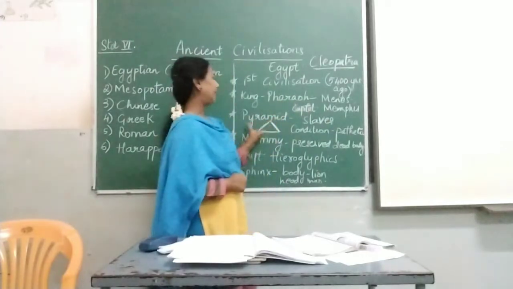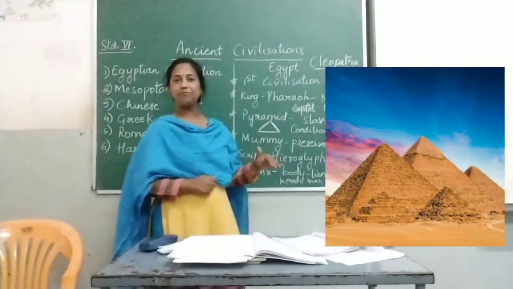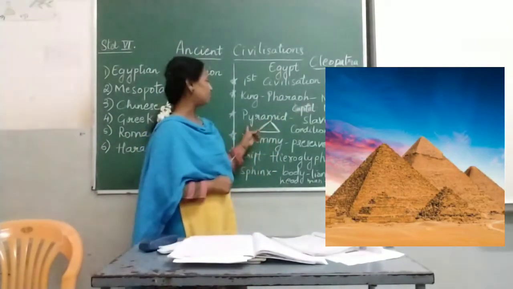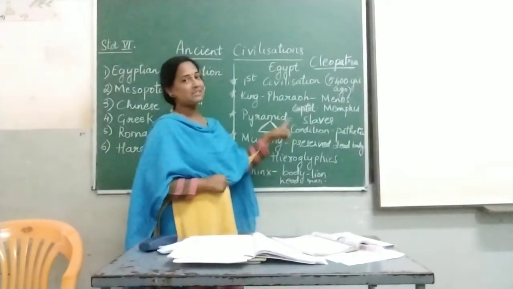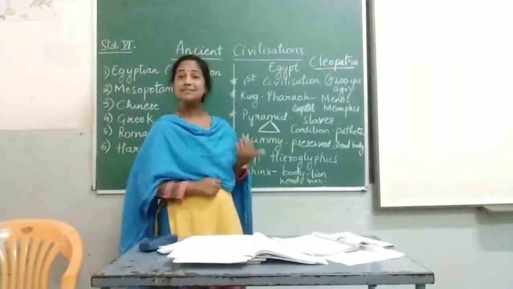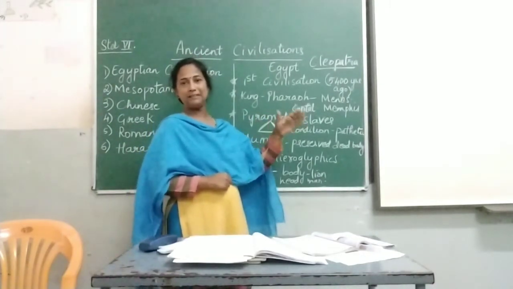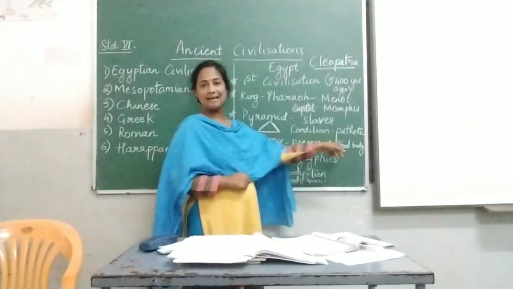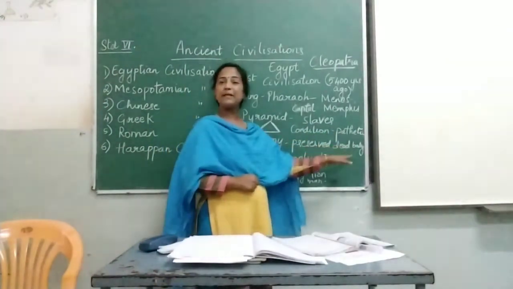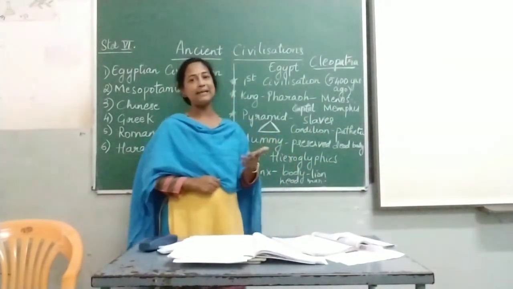Got it? Then the wonderful structures of Egyptian civilization were the pyramids, and these pyramids were built by the slaves, those who were captured by the ruling people there, and their condition was very, very pathetic. That was very sad.